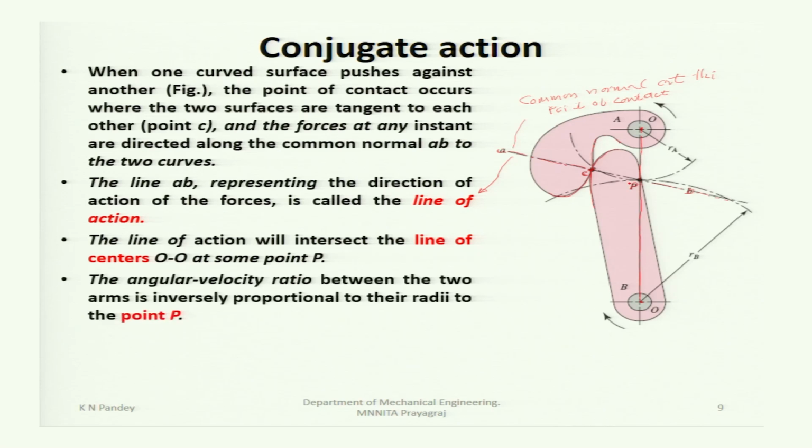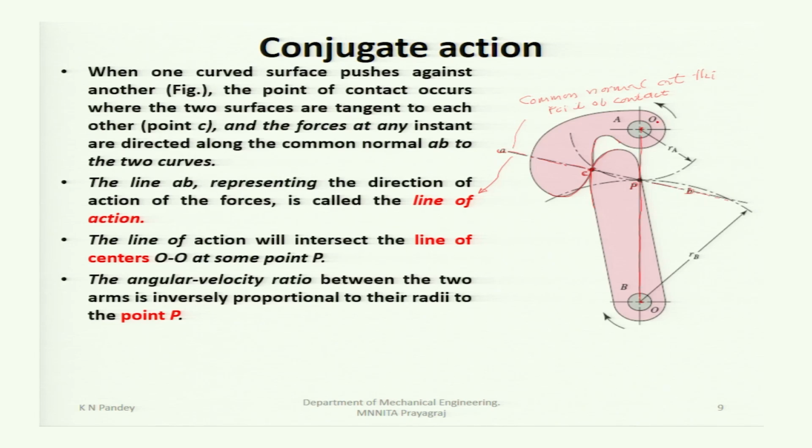The angular velocity ratio between the two bodies is inversely proportional to their radii to the point P. That means inversely proportional to OP and this OP.